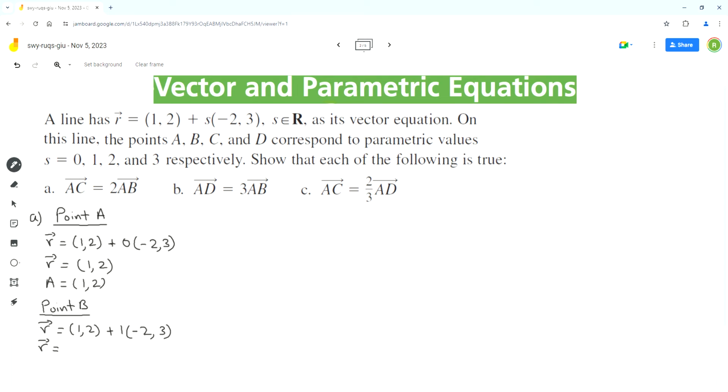So we should multiply the components of (-2, 3) by 1, so the vector stays the same. Now we can add the vectors by adding their x and y components. So this is point B.